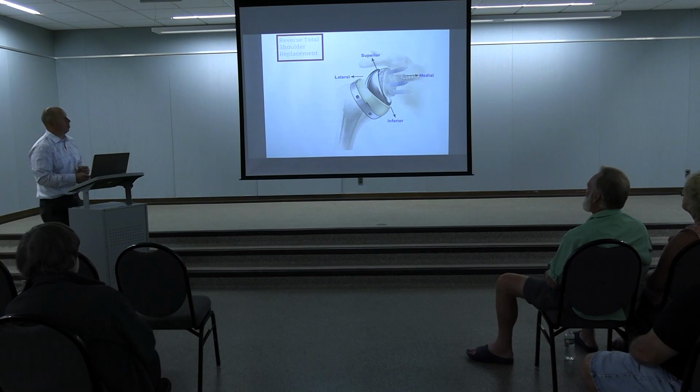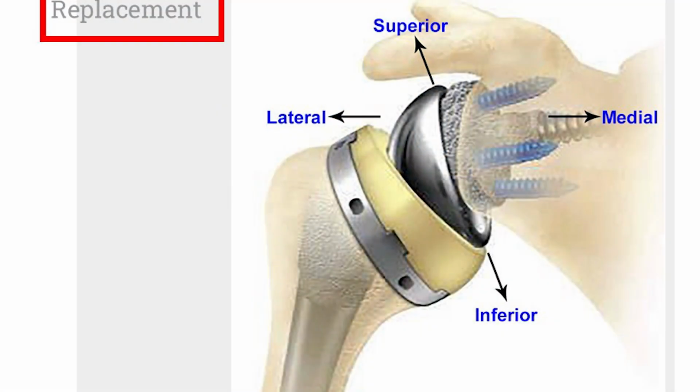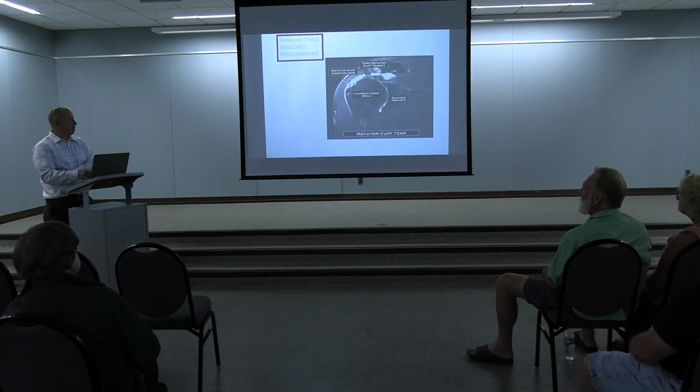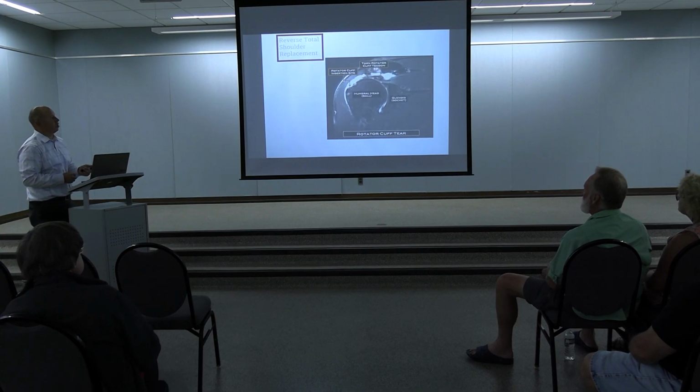And as we saw previously, here's a reverse total shoulder replacement where the ball and socket are switched around. This metal is usually a specific type of metal that allows bony ingrowth and stabilizes the components in the bone. This is going to be used in conditions where the rotator cuff isn't functioning like it should.